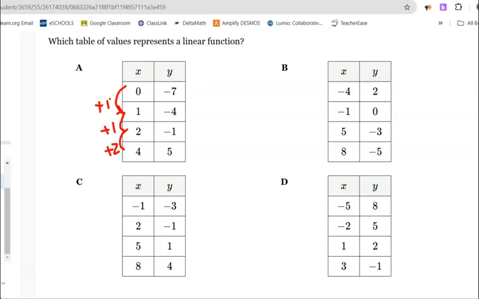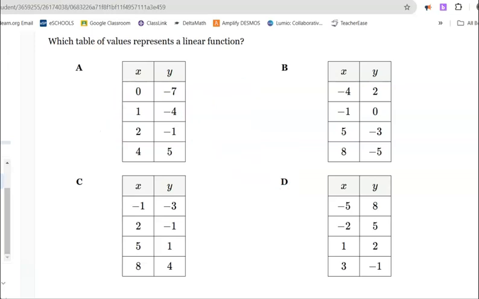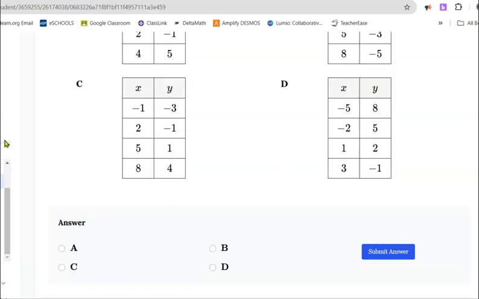Now over here, it's plus 3, plus 3, plus 6. So let's see. My first fraction is 3 over 1. My second fraction is 3 over 1. My third fraction is 6 over 2. Now, is it different, or is that also 3 over 1? It is. All of these are constantly the same rate. That makes A our answer.